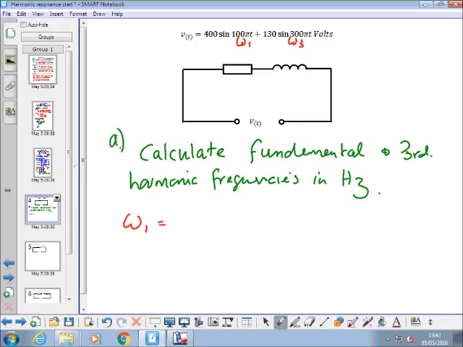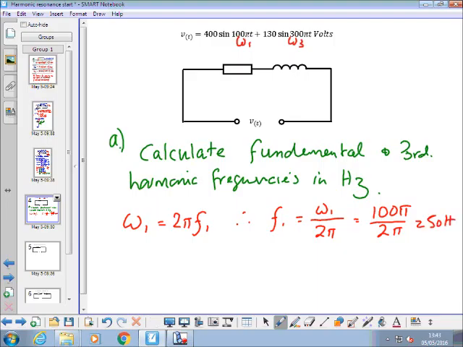So what we can do is say omega 1 is equal to 2 pi f1, the fundamental frequency in hertz. Therefore f1 is equal to omega 1 over 2 pi. That's 100 pi over 2 pi equals 50 hertz. Like I said, it's the number in front of the pi divided by 2.